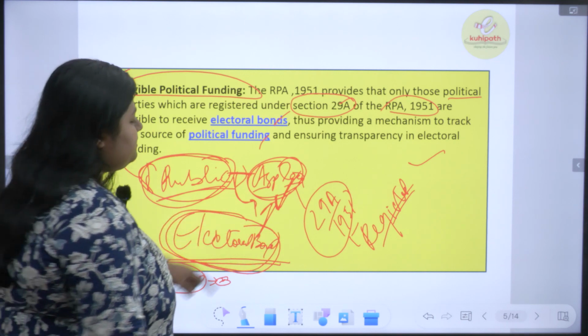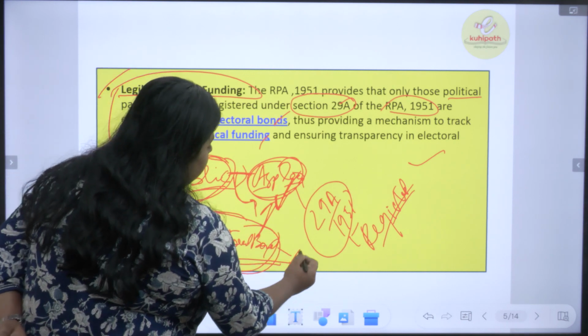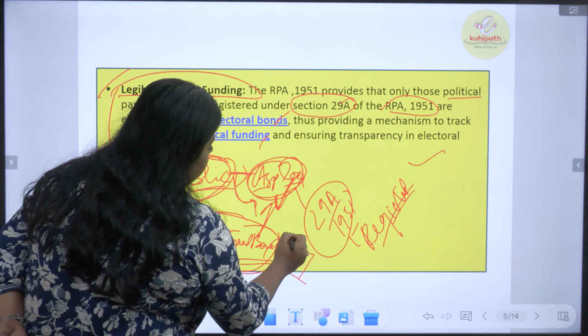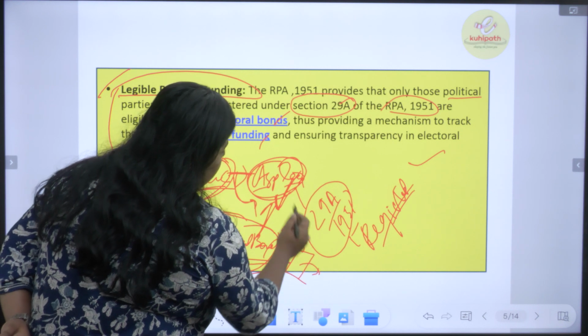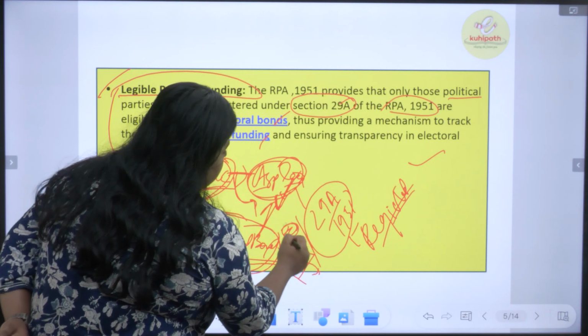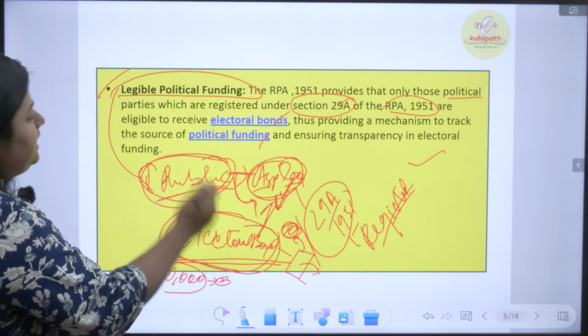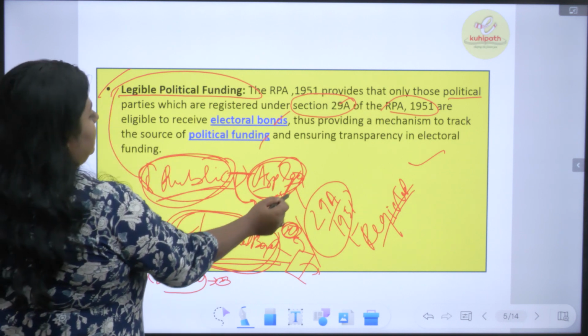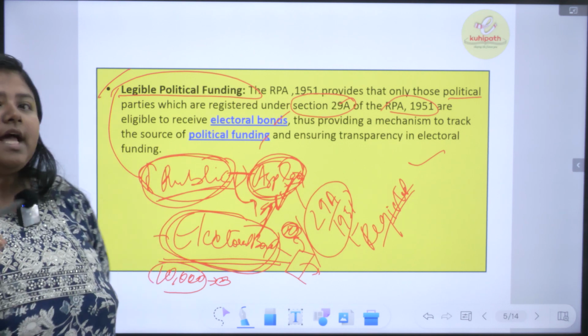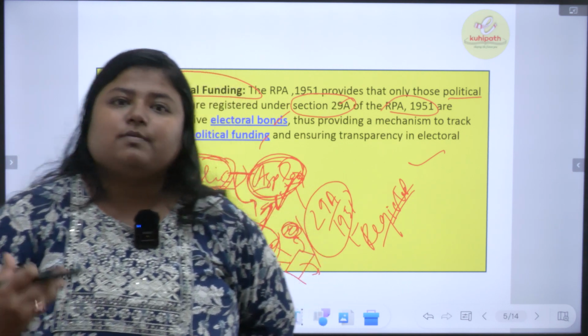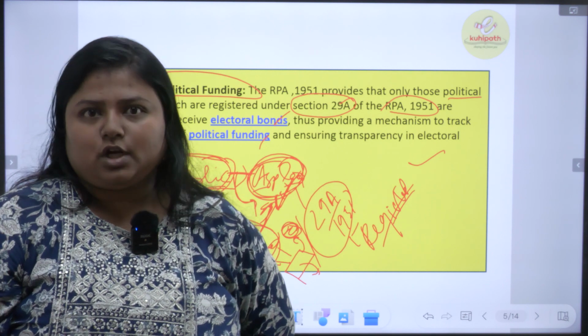An electoral bond is basically a paper type of bond. This paper is given to the person who has deposited the money, person X, and the money is deposited in the name of the political party by this person X. These electoral bonds are issued in the names of political parties so that, suppose I am aligned to the aspirations of a particular political party and I want that party to win.